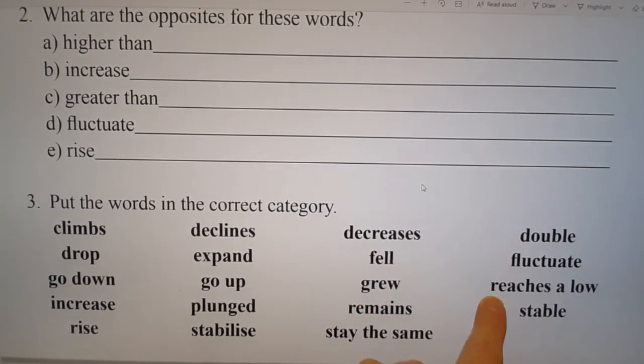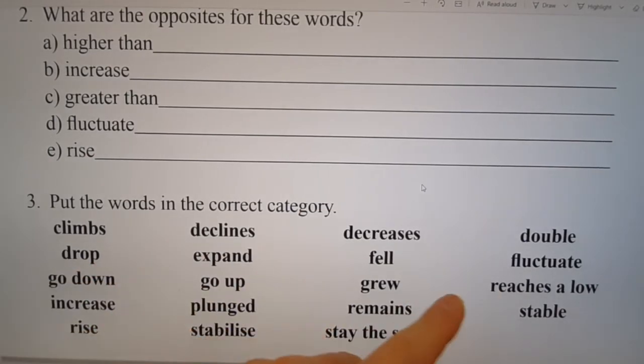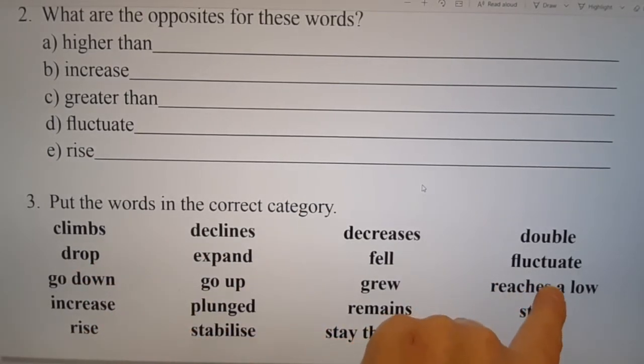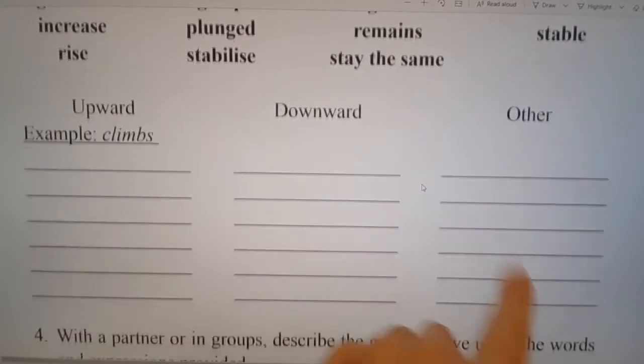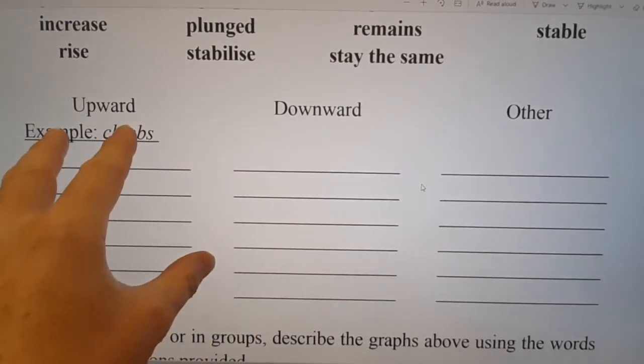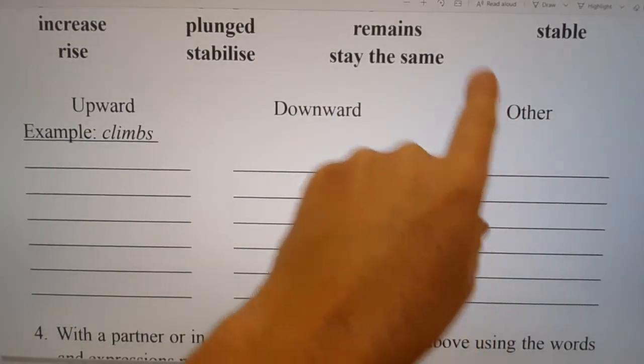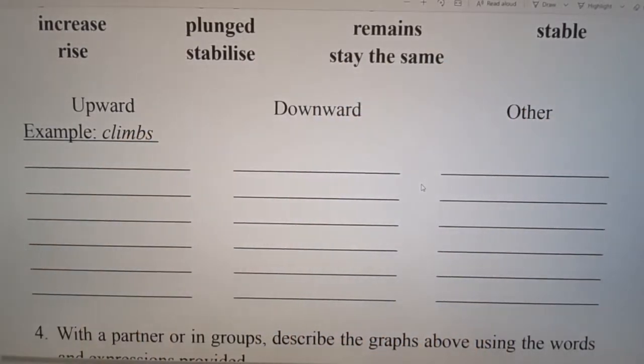Again, fluctuate, reaches a low, okay, dosiahne nízku hladinu, and stable. Okay, so if you want, in the book here, you can put them in categories. So one is upward, one is downward, and other, okay, whether it stays the same or not.